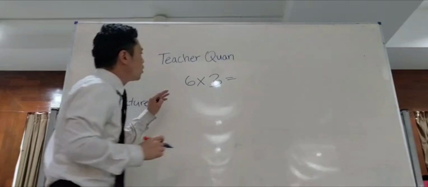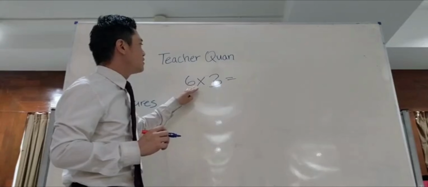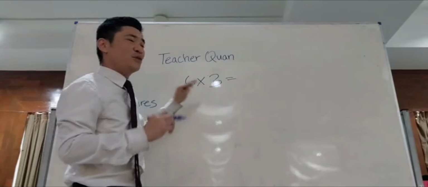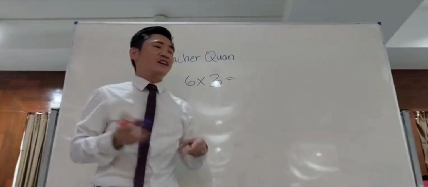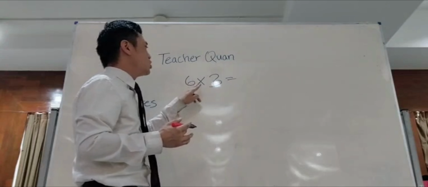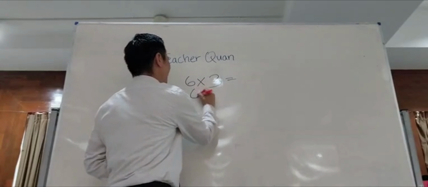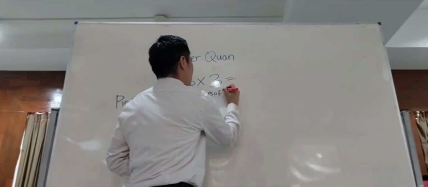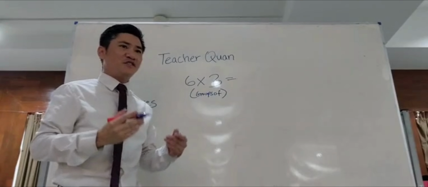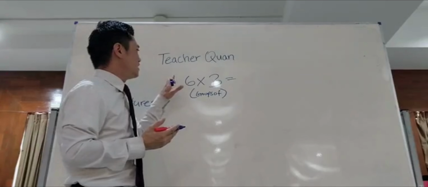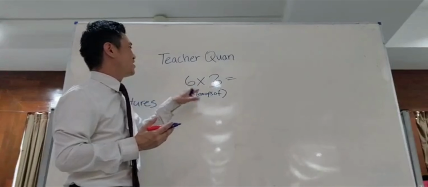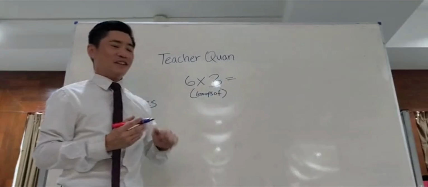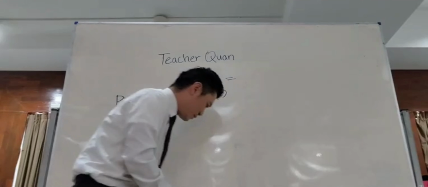So when you want to solve this equation, 6 times 3, with pictures, you want to visualize 6, and you want the x to represent groups of, okay? So when you want to draw pictures, you have to interpret 6 times 3 as 6 groups of 3, okay?